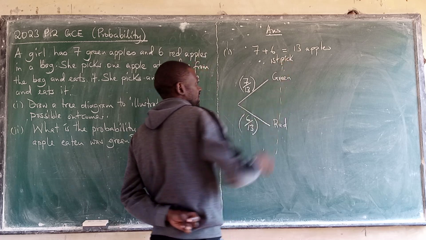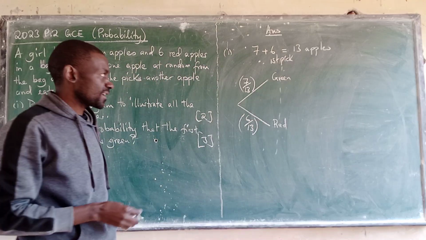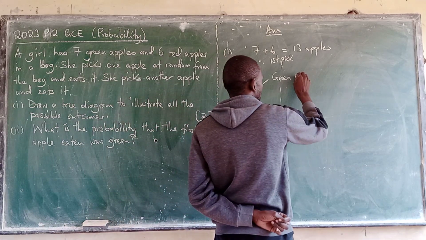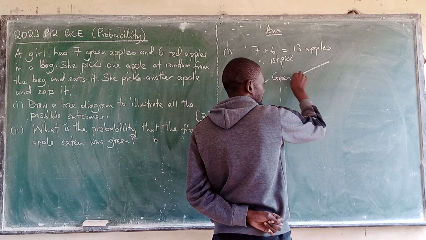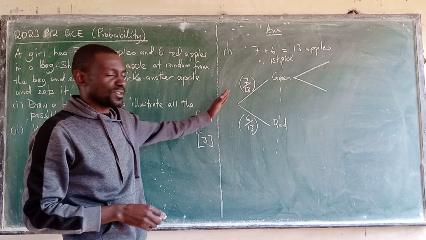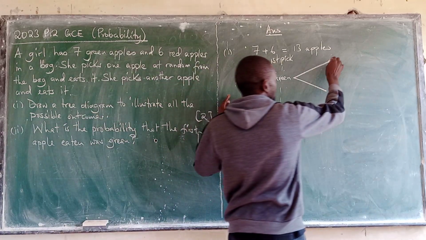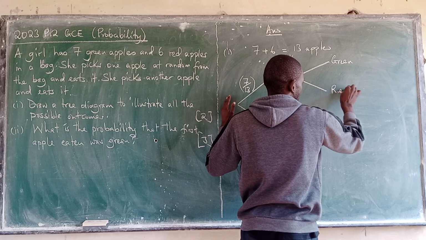Now, if we are saying this is the first pick or first selection, then for the second selection, there are again options. Either the second one can be green, and then it's also possible that the second one can be red when the first one was green. So we have green here and we have red here.